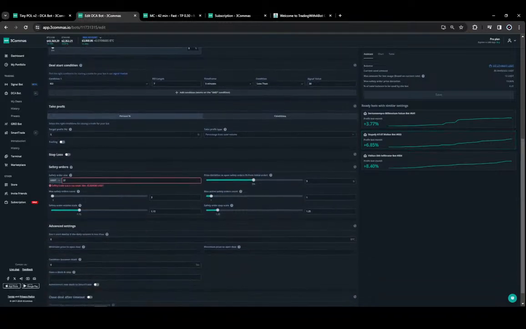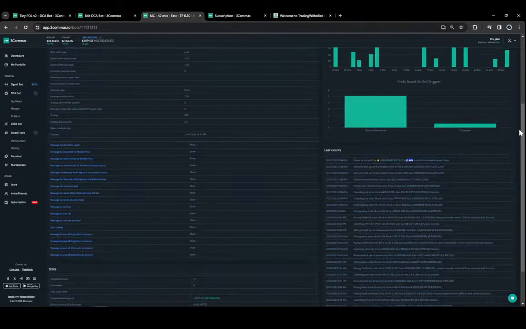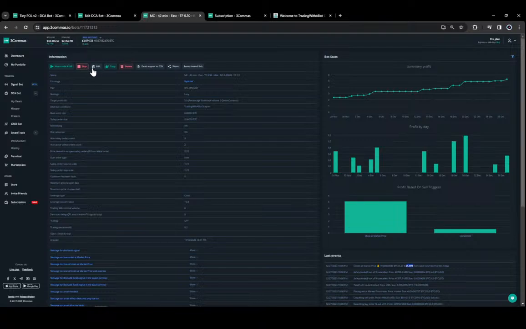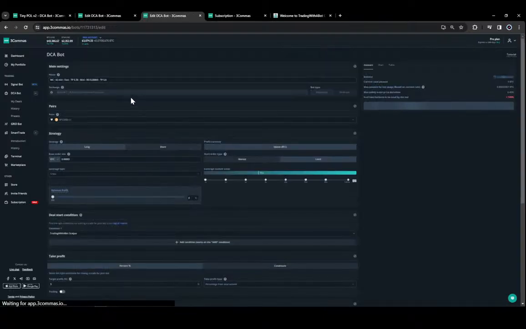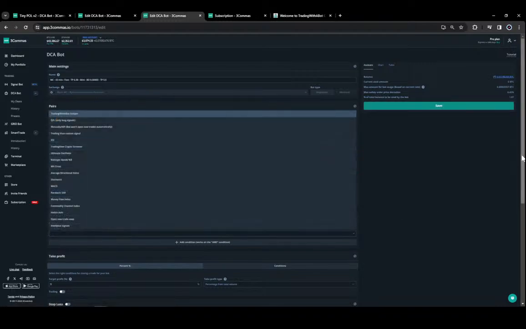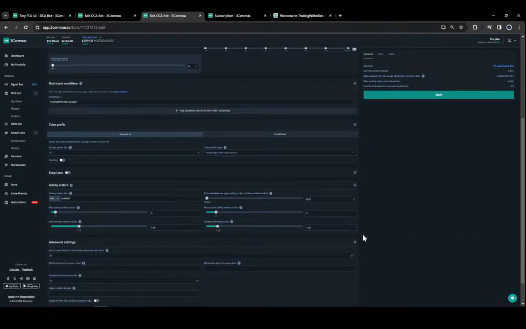You can really take either this one or this one that I've shown, or both of them, and start testing your own deal start conditions. So don't spend so much time thinking what DCA setting to use. These are the ones that I tested and they work.